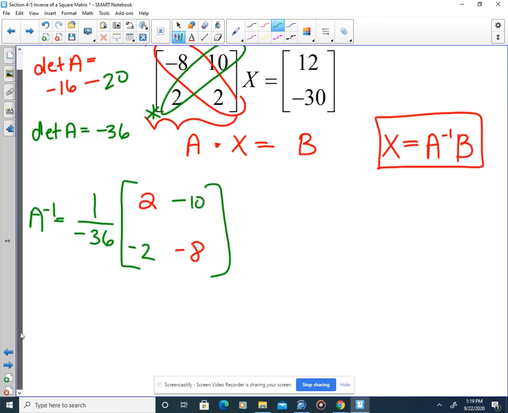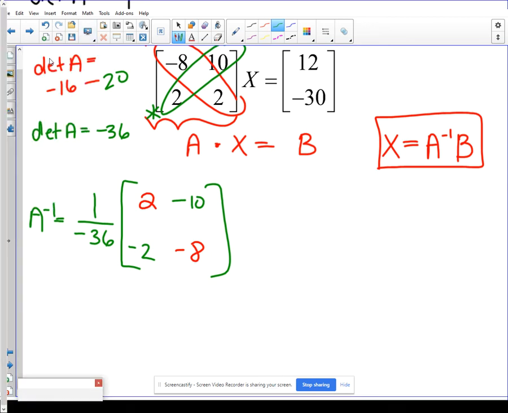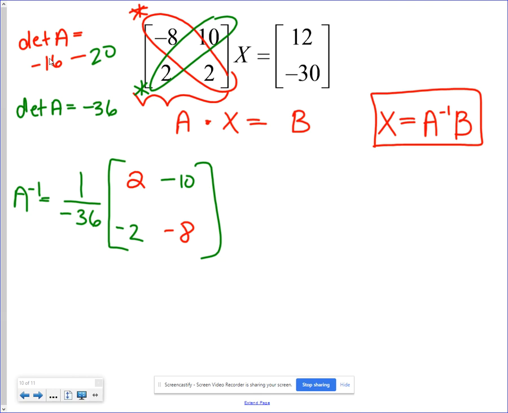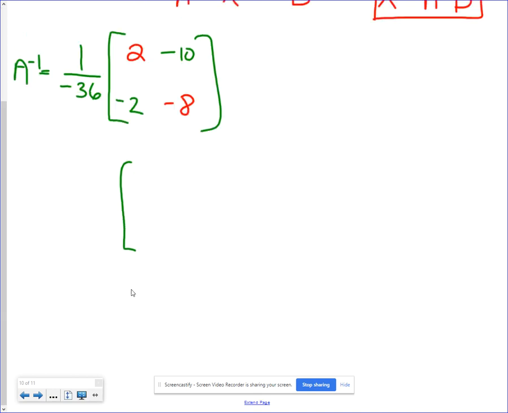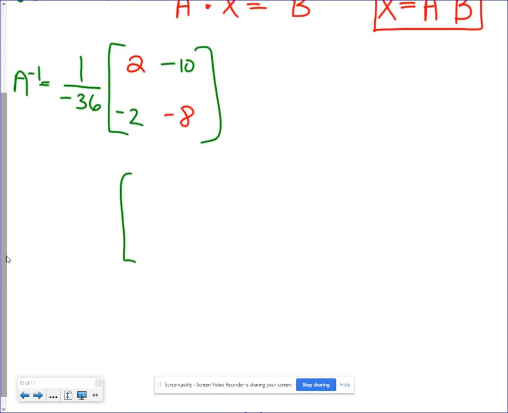So the inverse of A would be this matrix right here. -1 over 36 times 2 is -2/36. You can reduce them if you want, or you can just leave them separately. If I was asking you to just find the inverse, I would always want you to reduce it.